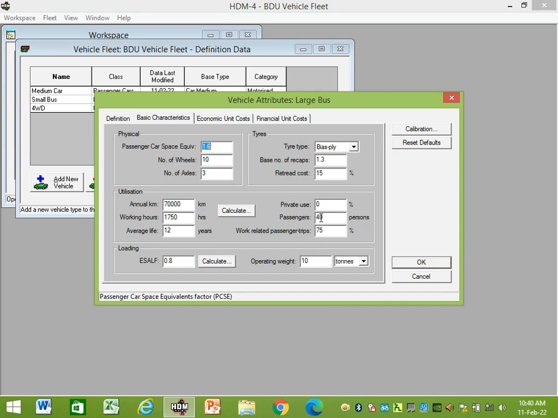Number of passengers, I think it's more, at least we take 55. Maximum capacity is 60. Work related, 75% is okay. The SL factor is 0.8 and operating weight is 10 tons.